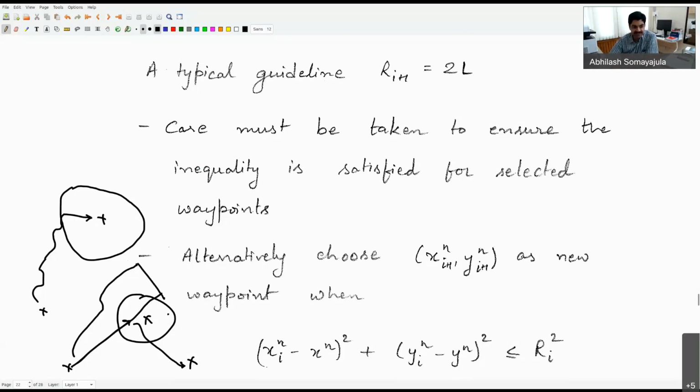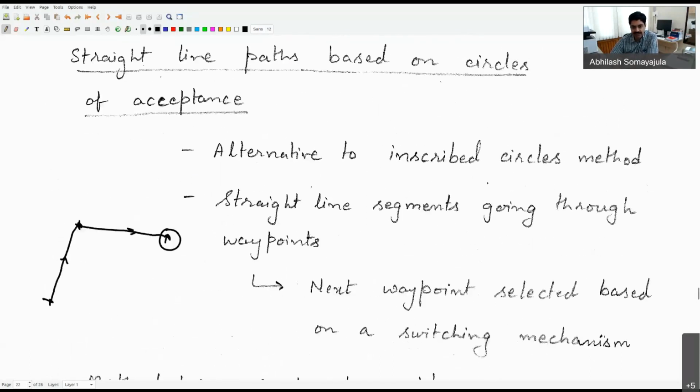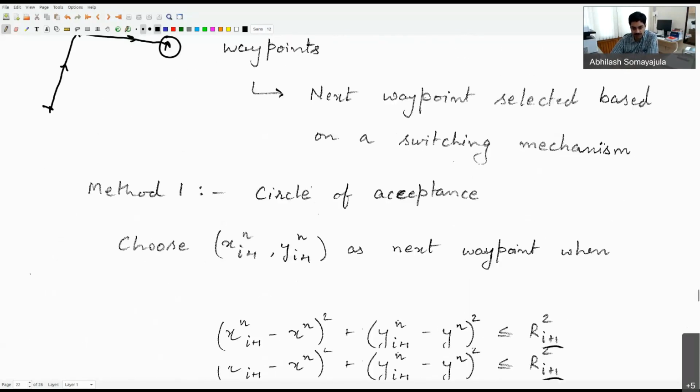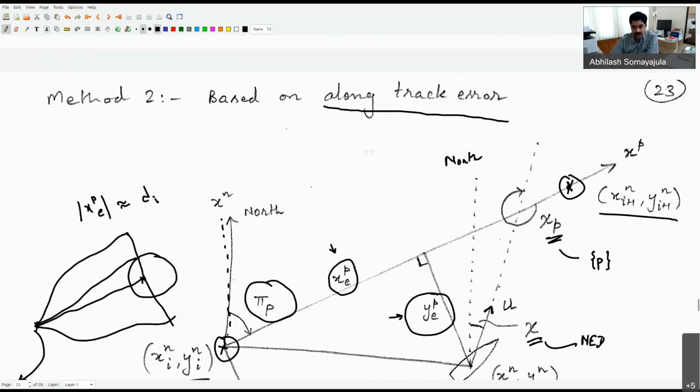And that is where we discussed that this switching can be done in a slightly different way. We looked at what you call along track error, and used that as the concept to decide when to provide the next waypoint. Here the idea is that when the along track error is equal to the distance between the waypoints, or within some region of the distance between the waypoints, I will choose my next waypoint and ask it to start tracking.